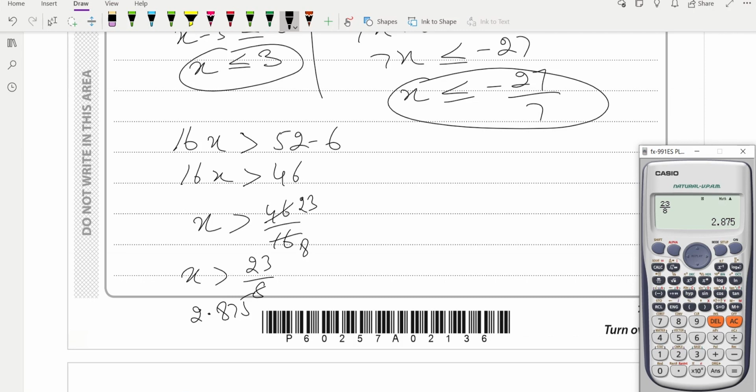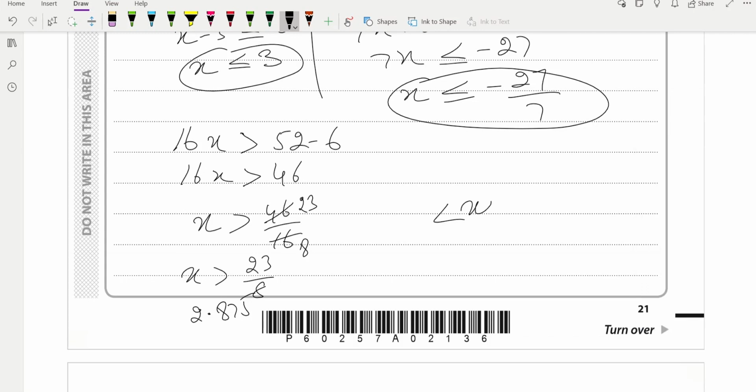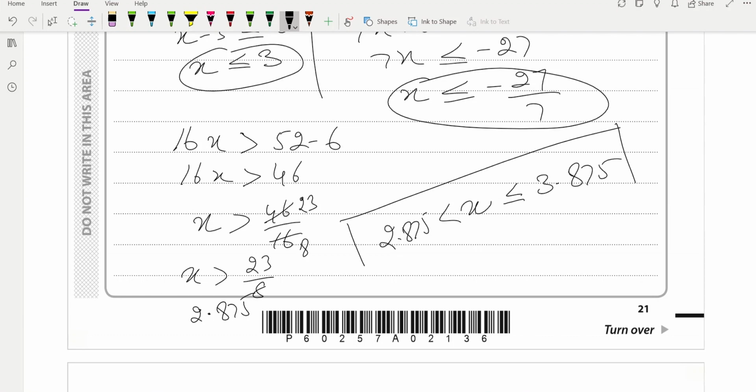So maximum can be 3, so we can write the range for this one: x should be greater than 2.875, and x value can be less than or equal to 3. So this will be the x range which we can mention over here.